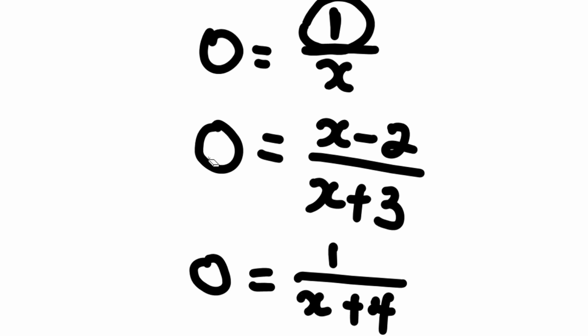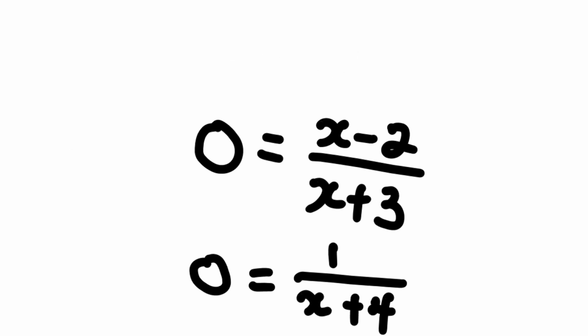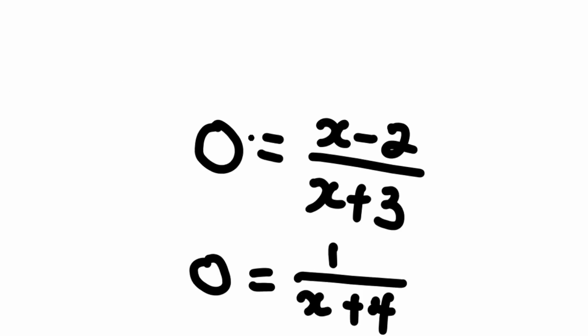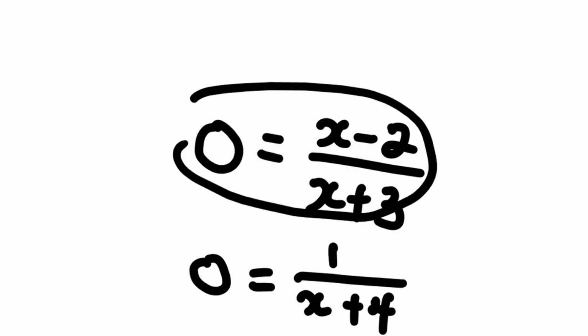Okay, now let's solve the rest of the questions. So we know that this guy is out, right? It does not have any zero. So let's clear this side, and then the next function that we have here is this one. So let's solve the zero for this.